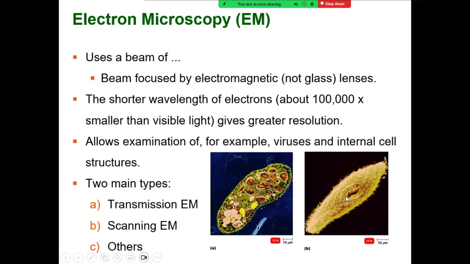What do you notice between the 2 different specimens? It's actually 2 things you should notice. One looks like it's showing the inner portion, one looks like it's showing the outside. Yeah, with the scanning electron microscope, we're seeing the surface of the cell in 3 dimensions.